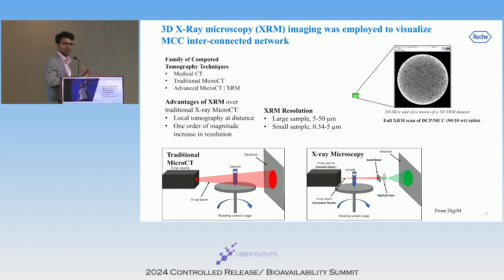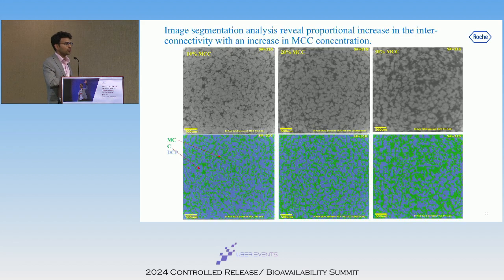The white scale spectrum typically represents materials of high density, and in this case, it is DCP, whereas the dark regions on the spectrum represent lower density materials, in this case, either MCC or pores or air. And so this technique is incredibly amazing to view this interconnectivity of the components.